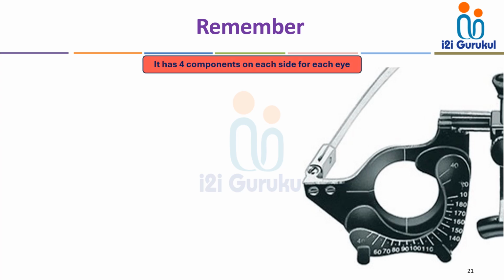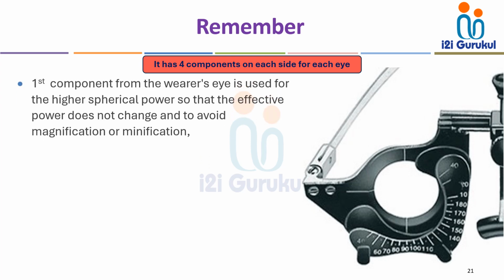Friends, this standard trial frame has 4 compartments on each side for each eye. The first compartment from the wearer's eye is used for the higher spherical power, so that the effective power does not change during your refraction. Also, this will help you to avoid magnification during your refracting process.